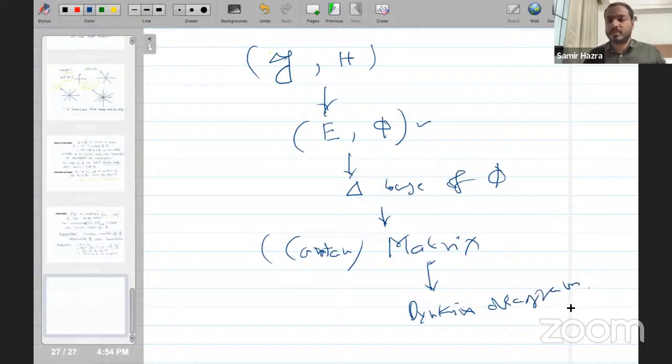Then we'll mention the classification result in terms of these diagrams or even in terms of the Cartan matrix. So we are moving towards classifying the semisimple or simple Lie algebras. If phi is irreducible, then we are classifying the simple Lie algebras here.